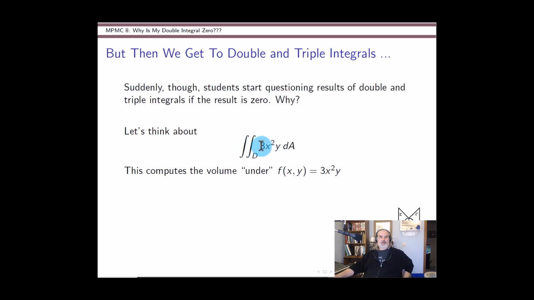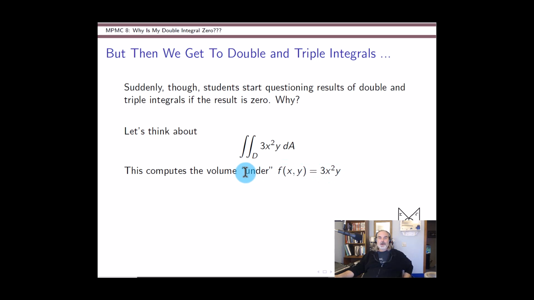As an example, take the double integral of the function 3x squared y over some region in the xy plane. Just like a single integral is calculating area under a curve, this double integral is calculating the volume under the surface f of xy equals 3x squared y.